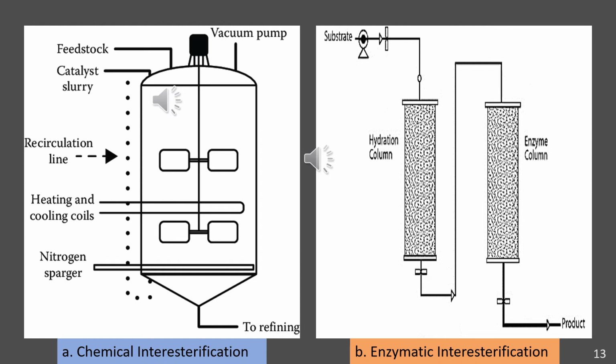In the batch process, the raw lipid is heated at 120 to 150 degrees centigrade under vacuum in the reaction vessel. You can see a vacuum pump on the top of the batch reactor.